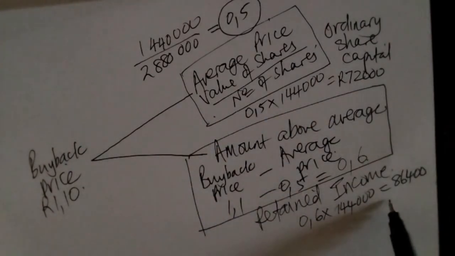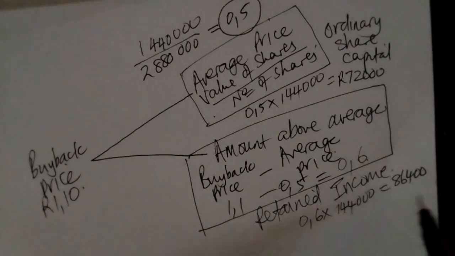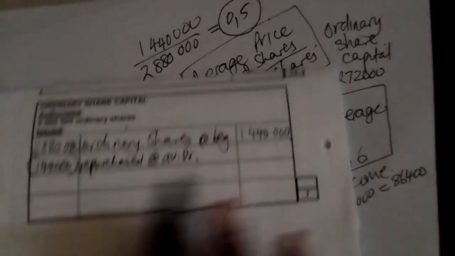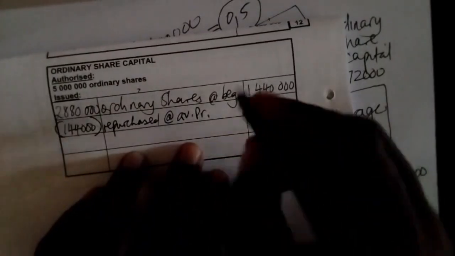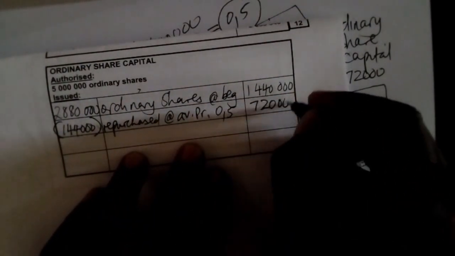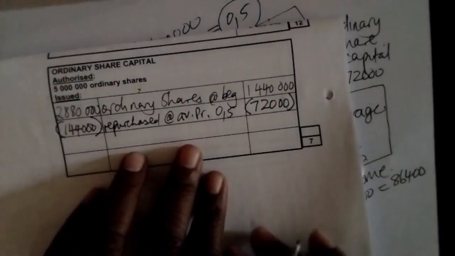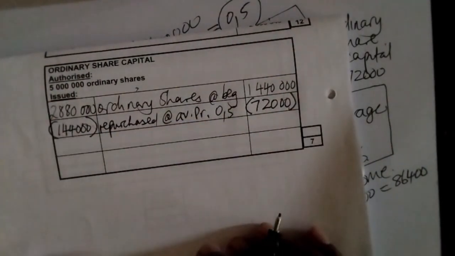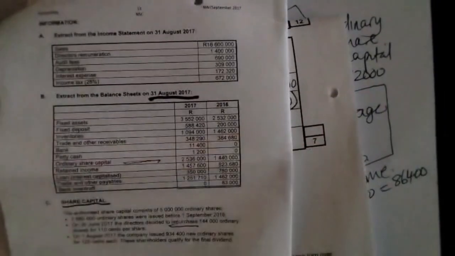When I'm doing retained income, I'm going to reduce it using 86,400. If I go back to my answer book here, at average price of 0.5 it gives me 72,000. And that 72,000 must be in brackets, because buyback reduces the number of shares as well as the value of those shares.